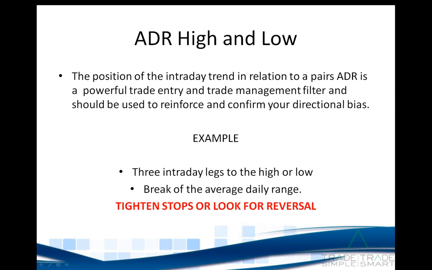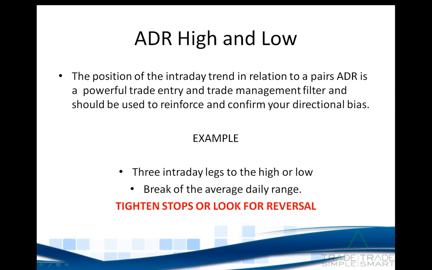Well, imagine you've entered a trade during the London session, and we know that the market generally moves in 3 legs or 3 phases, to the high and to the low. We also know that smart money have limits imposed on them by the IMF, and that the average daily range is a representation of how much they're moving a currency pair over a 14-day period.